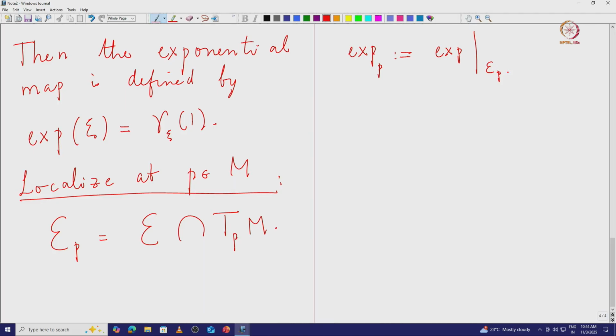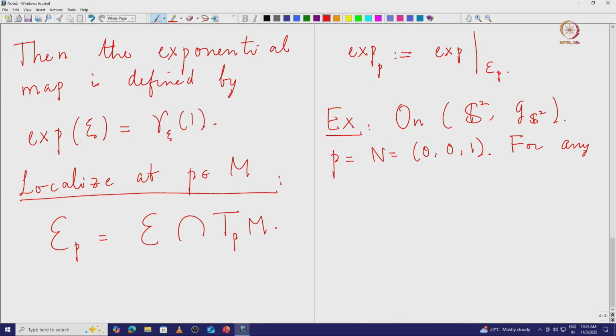Right. So just as an example, one can actually compute out what this exponential map looks like. Let us say I take the unit sphere with the round metric, and let us take P to be the north pole, with coordinates 0, 0, 1.